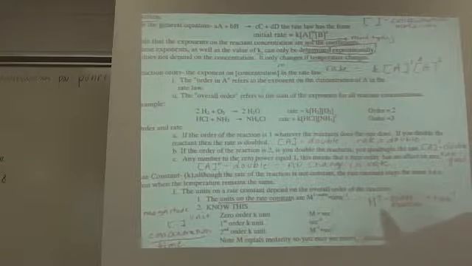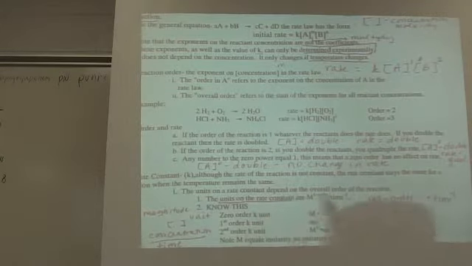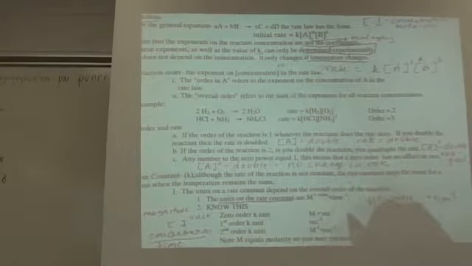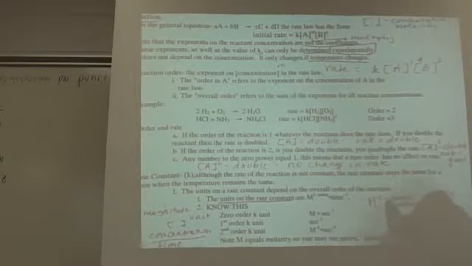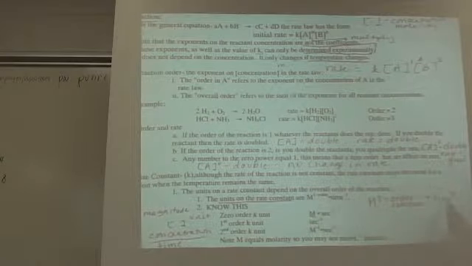Here we go. Let's say you have a 0 order reaction, and you would take 1 minus 0, which would be M, times the time interval. Most rates are measured in seconds, raised to the -1 power. That would be the same. Seconds to the -1 power is the same as saying 1 over seconds.